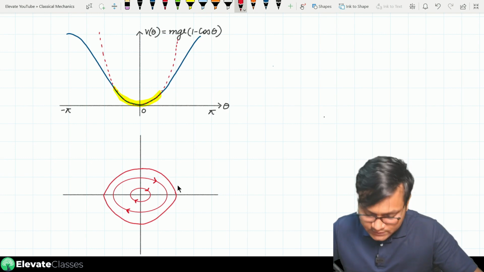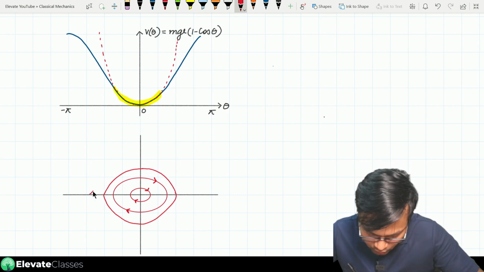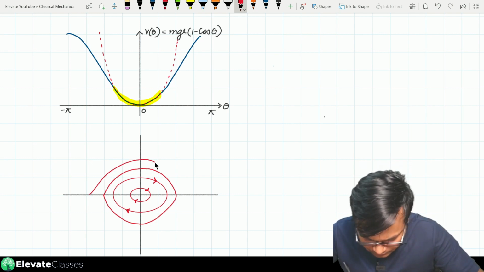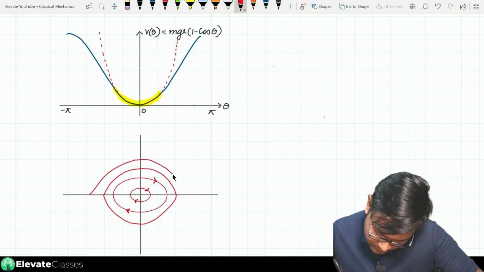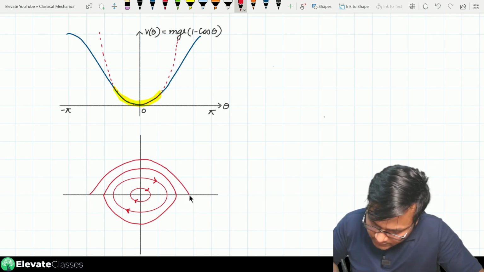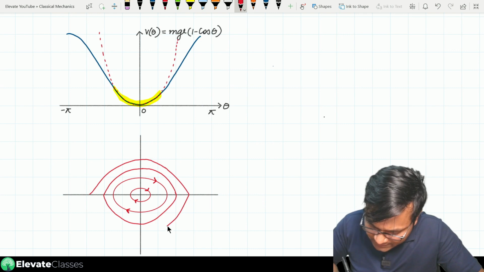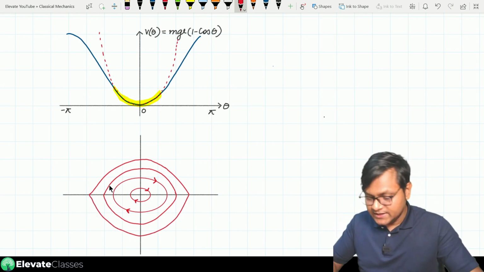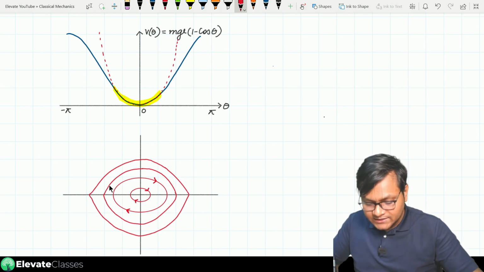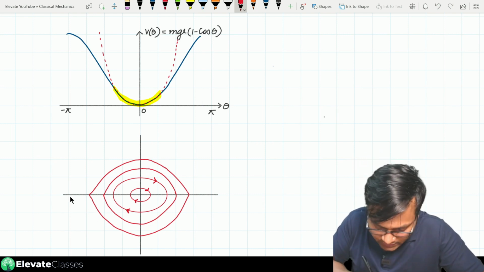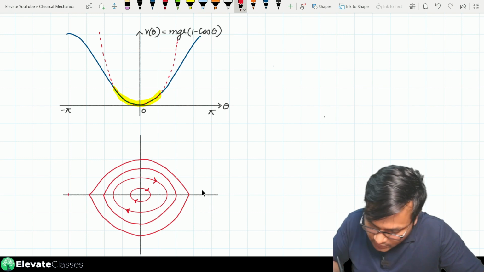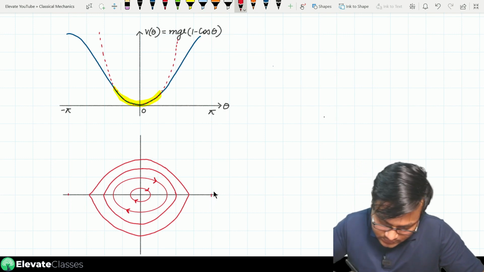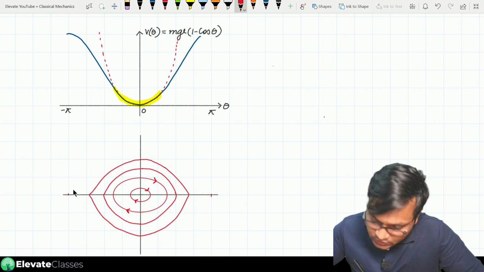As it goes even further, the tapering becomes even more intense, okay, something like this. So it is not exactly an ellipse because at large angles the potential is not exactly a harmonic oscillator, it is deviated from a harmonic oscillator, and this goes on and on till this particular point जो माइनस पाई है और जो पाई है यहाँ तक, you see this.